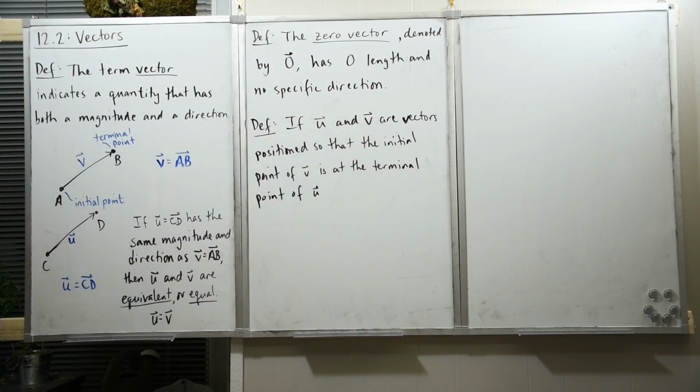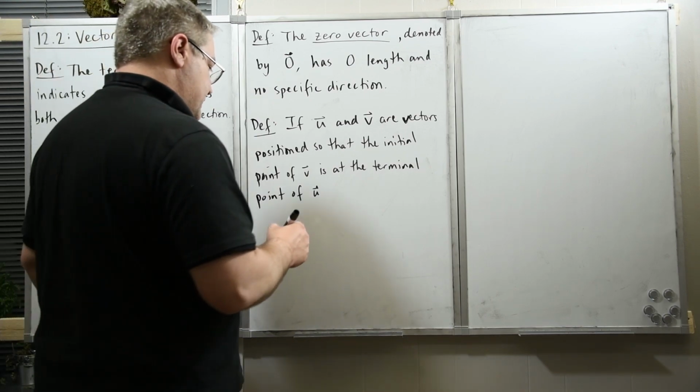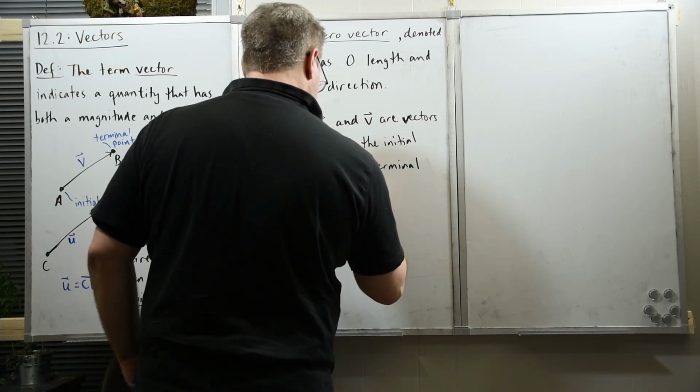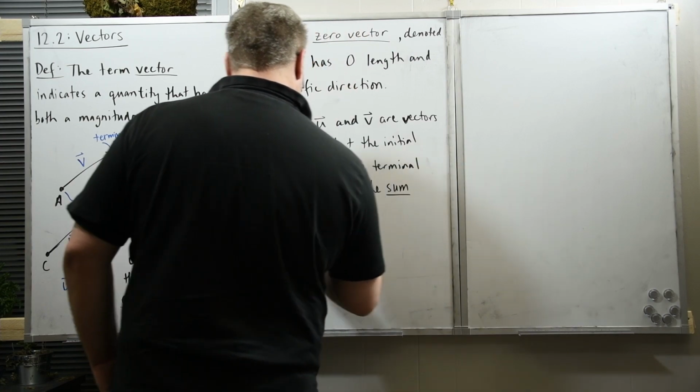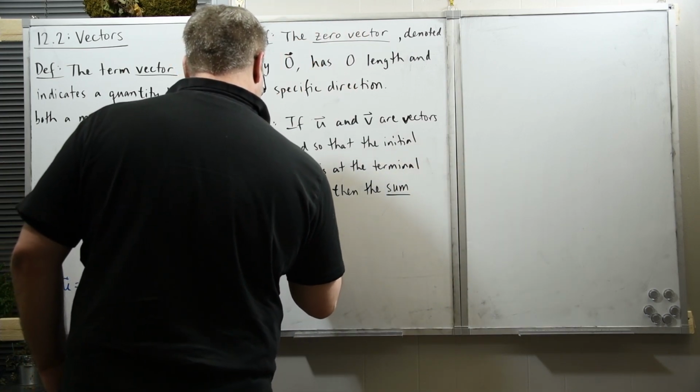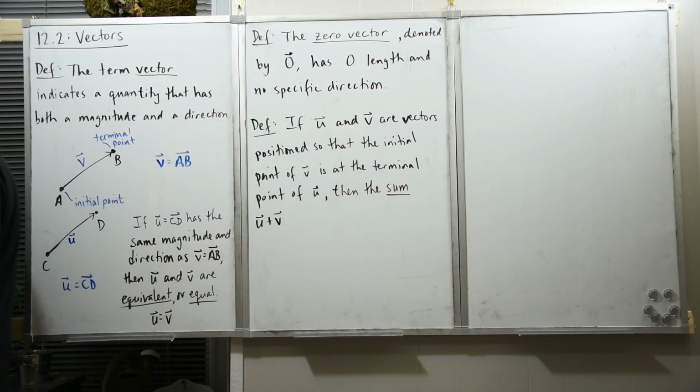So once again, if u and v are vectors, so that the initial point of v is at the terminal point of u, then we can take a look at the sum of u and v of these two vectors. And this sum is going to be a vector itself.